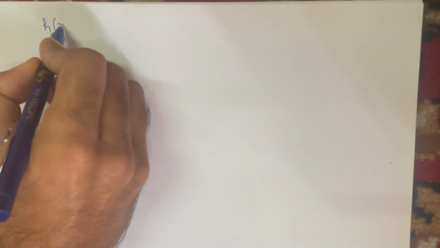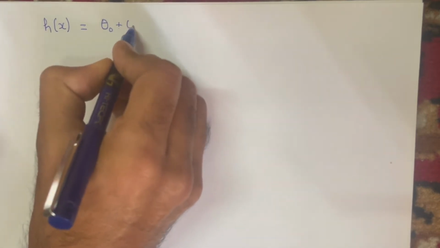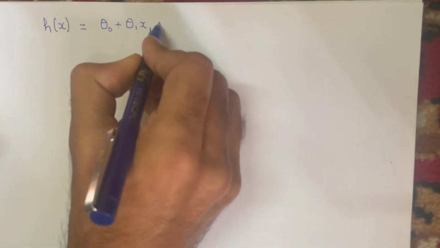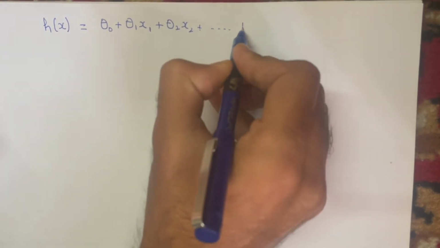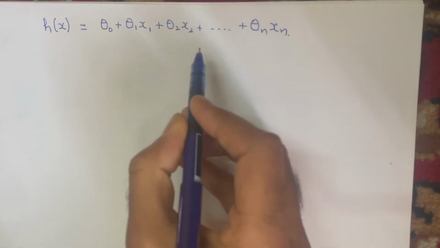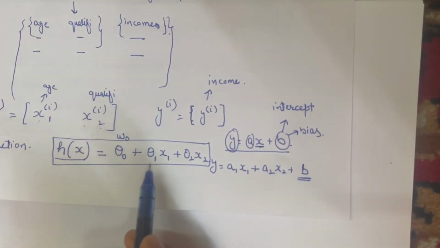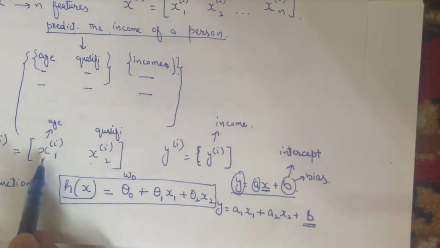Okay. So let me write it again. So the hypothesis class in our linear regression is h of x is equal to theta 0 plus theta 1 x1 plus theta 2 x2 plus dash dash dash plus theta n xn. So in this particular example, I have shown only theta 1 x1 plus theta 2 x2 because I assumed only two features of the input.